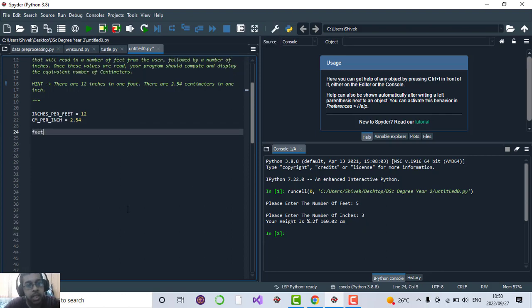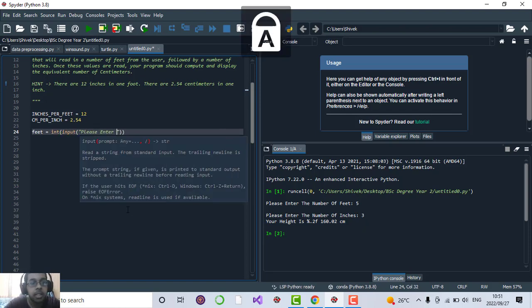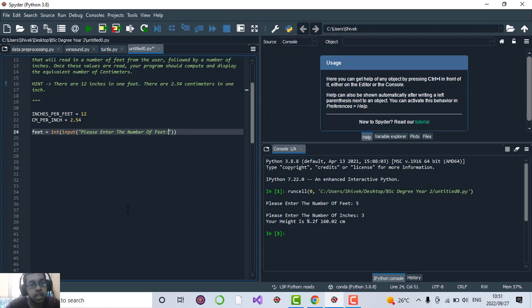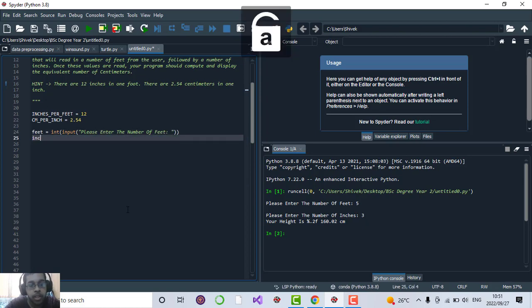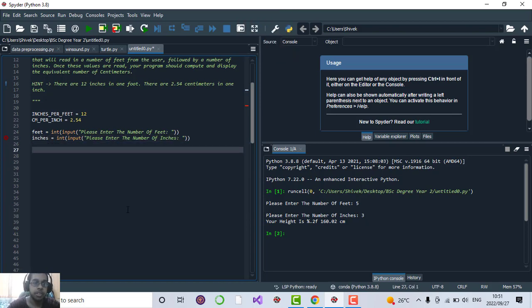Feet is equal to int input, please enter number of feet, and moving on, inches is equal to int input, please enter the number of inches. Excellent. That deals with our input prompts.